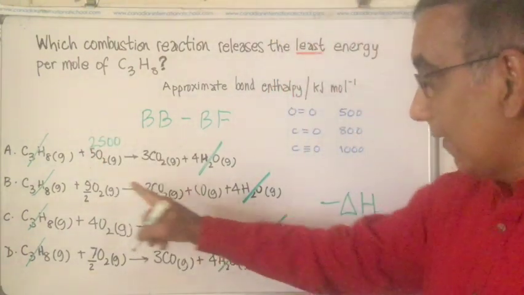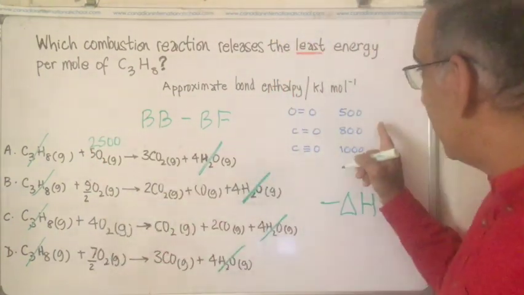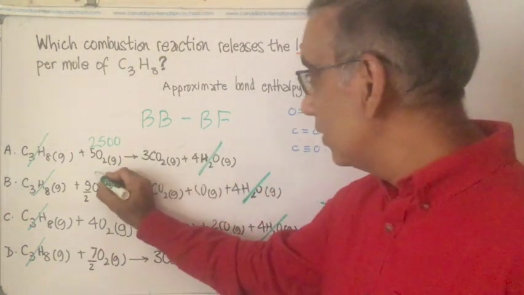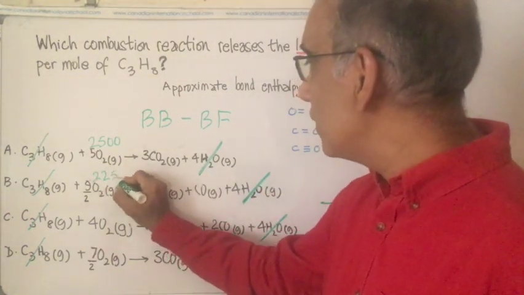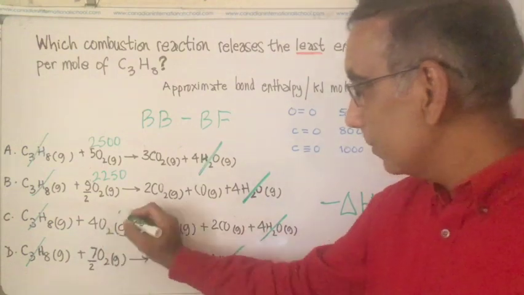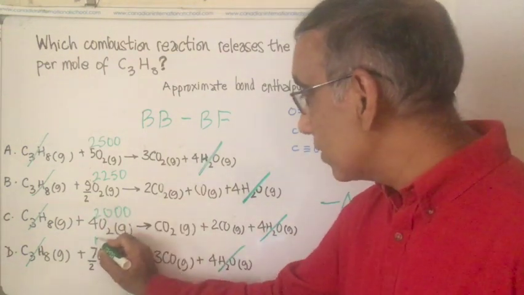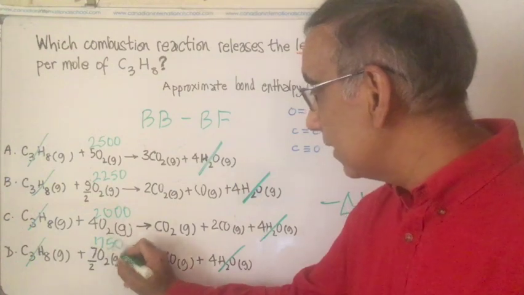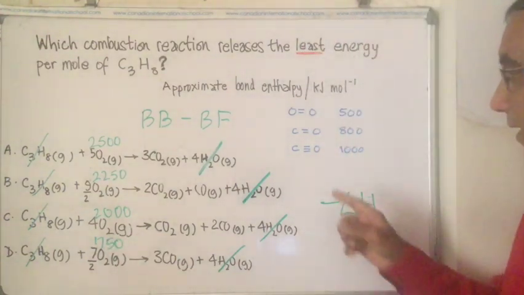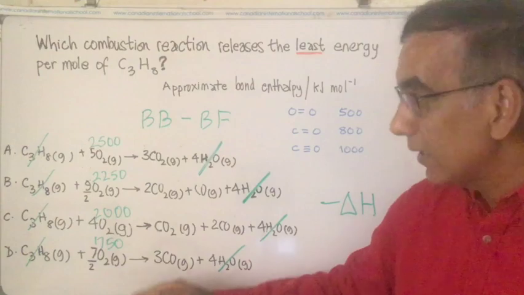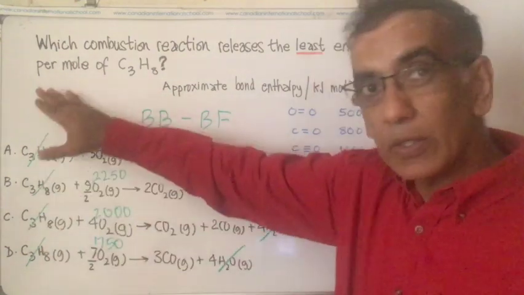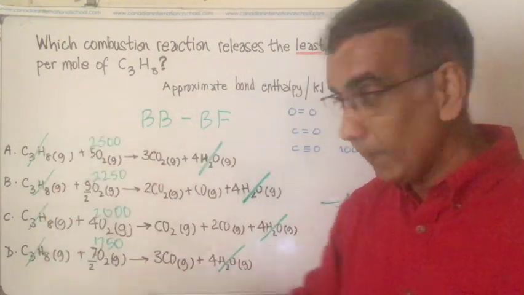2,500. 4.5 multiplied by 500, 2,250. Here, 2,000. And here, 1,750. So that is for all the bonds broken on this side, not considering these because all of these answers will be the same.